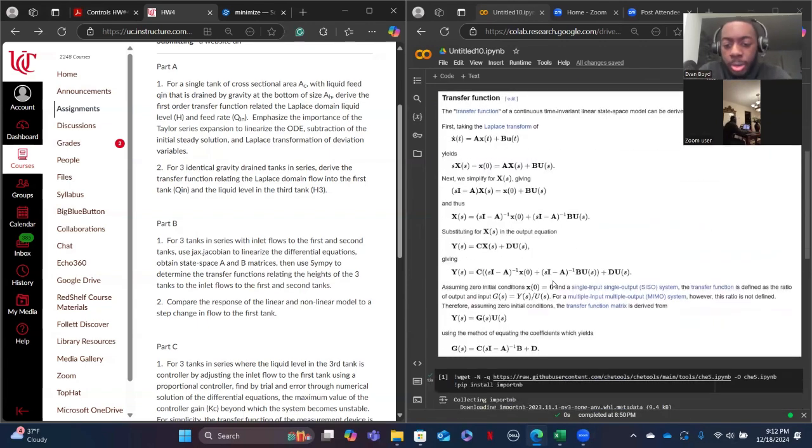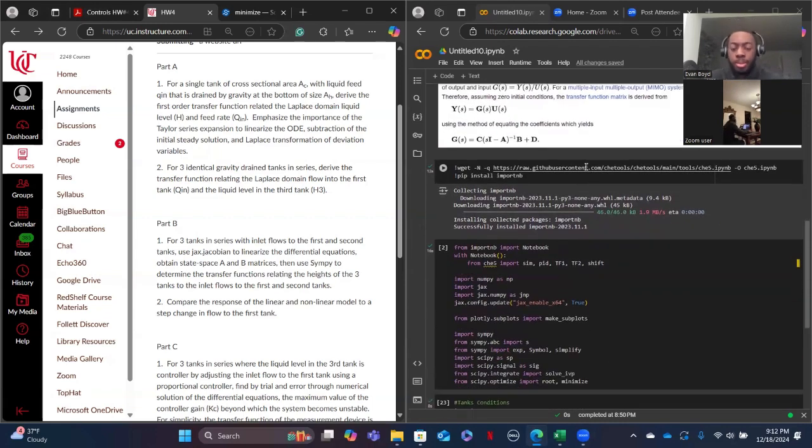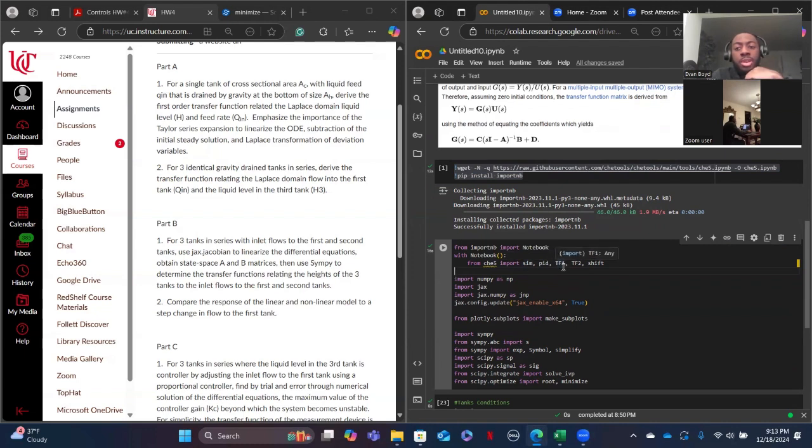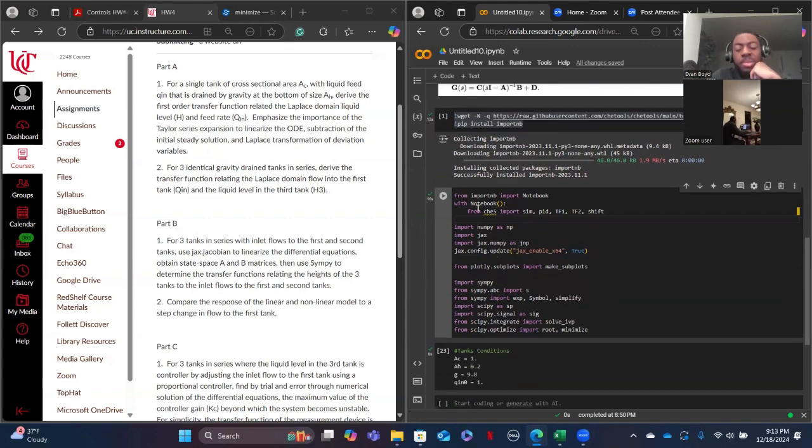I already wrote out the general initial code that we need. First, we used GitHub to pull some of our data. So we imported from GitHub, and then from our notebook we use CHE5 to import sim PID, then our transfer functions 1 and 2, and then our shift. Some things we also need to utilize are numpy as np, and JAX.